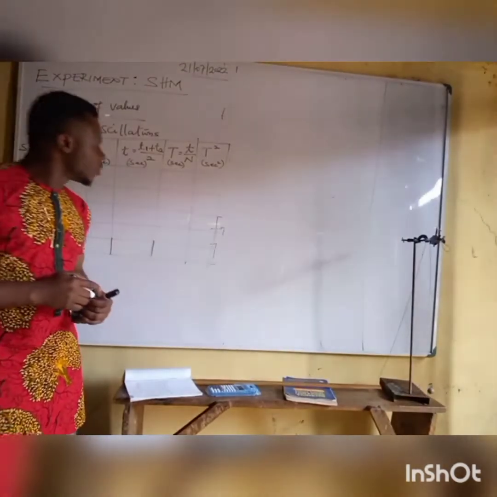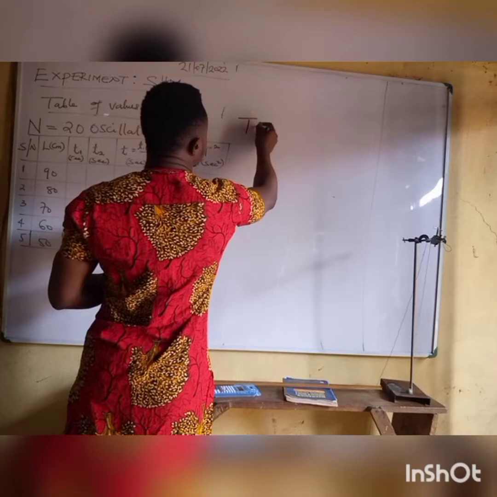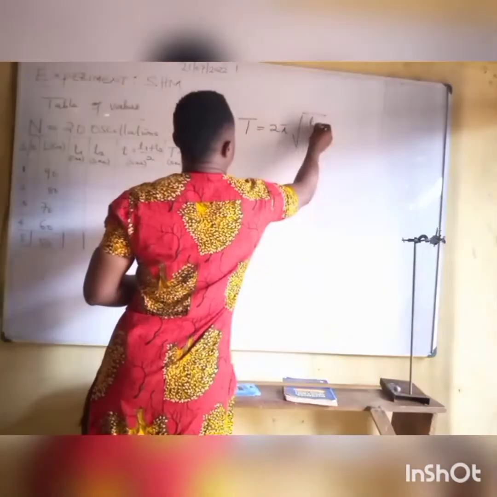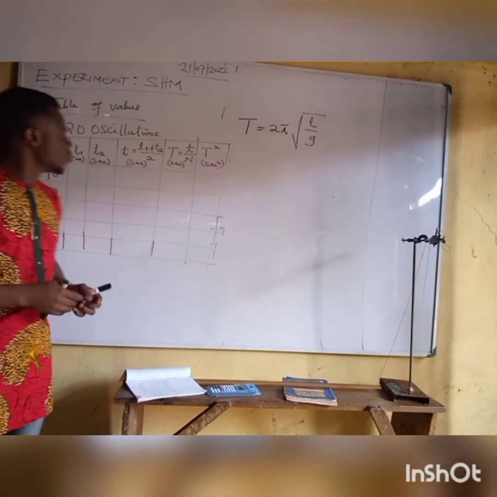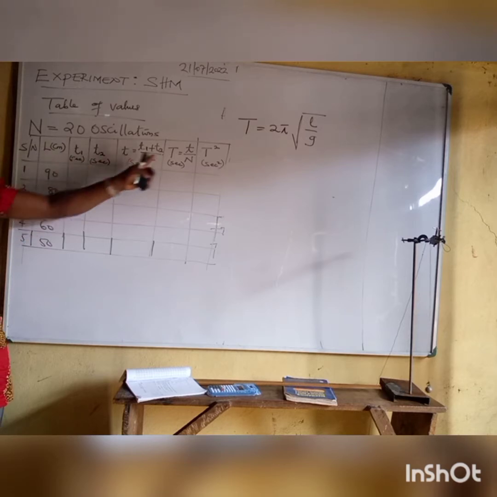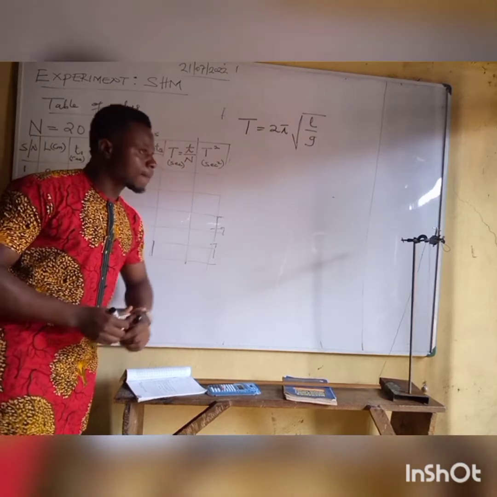So in that particular practical, we know that in simple harmonic motion, T is equal to 2 pi square root of L over G. This is the relationship between the length of the thread and the period. Now the period of this oscillation is related with the length using this formula.